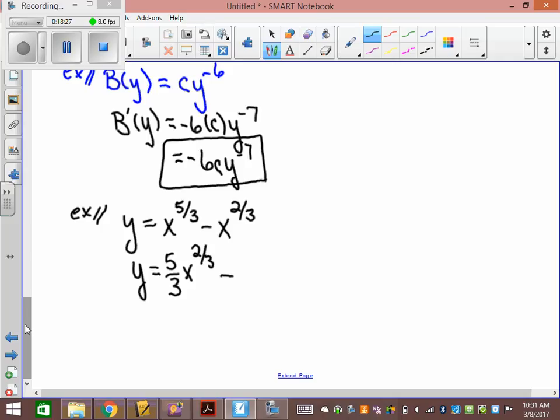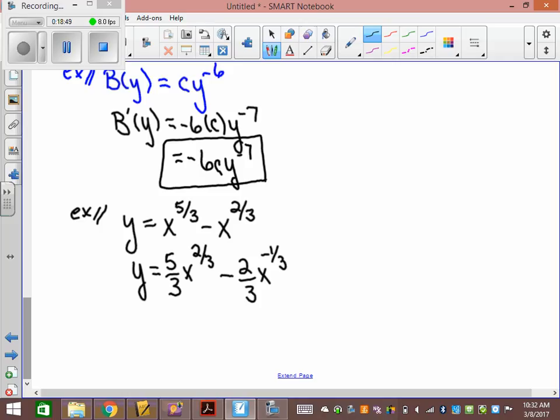Minus, take my 2/3, drop it in front. X. I'm subtracting 1. So it's 2/3 minus 3/3, which is negative 1/3. So if they wanted to rewrite this, I'm fine with it being just like this.